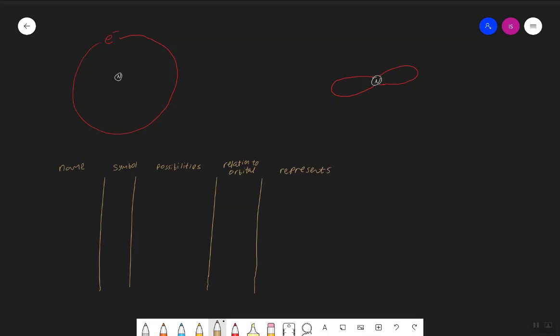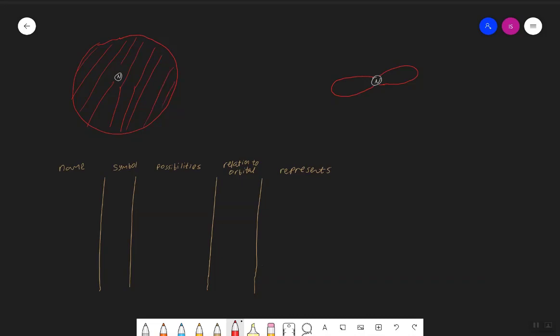Perfect. So the first thing is we talked about Bohr's model, where you have the nucleus in the center of the atom and you have the electrons orbiting around it. And as we talked about, that is not true. In fact, in the quantum mechanical model, what you have is a probability cloud of where you are likely to find the electron.